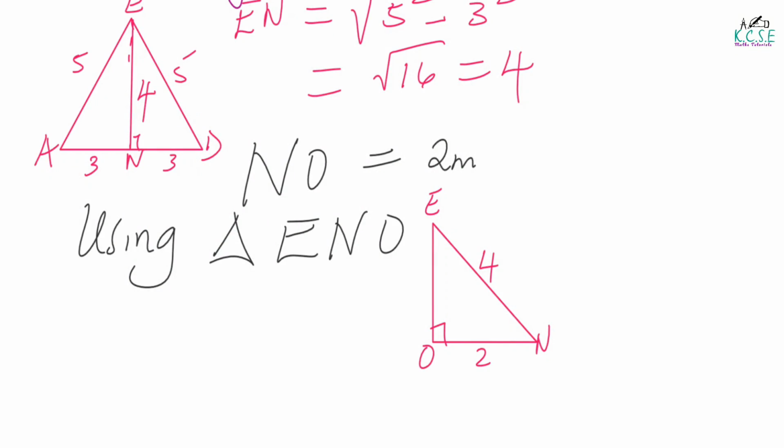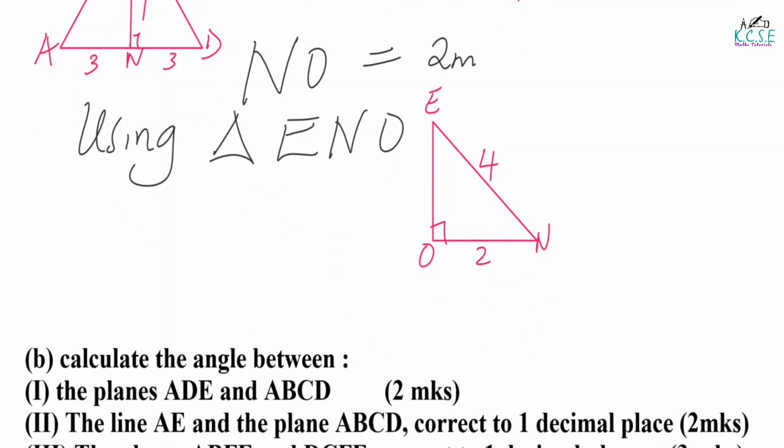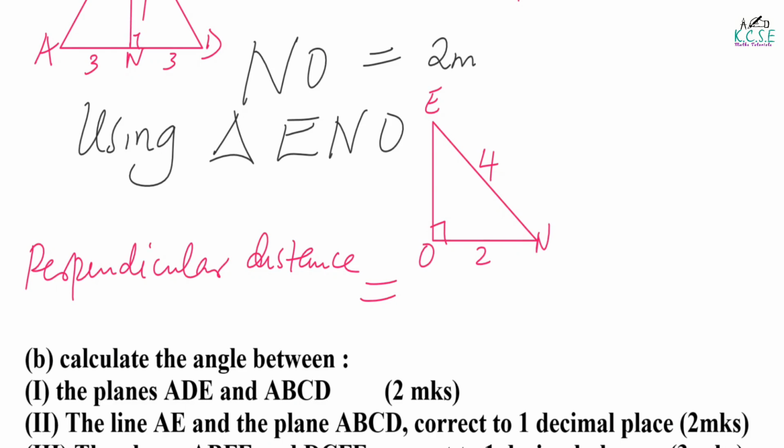So now the perpendicular distance is given by the square root of 4 squared minus 2 squared.